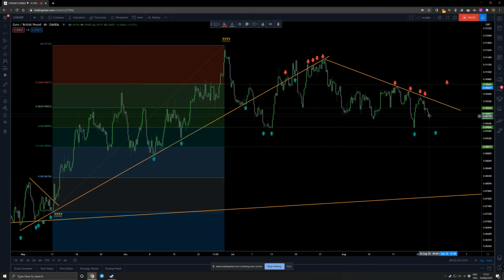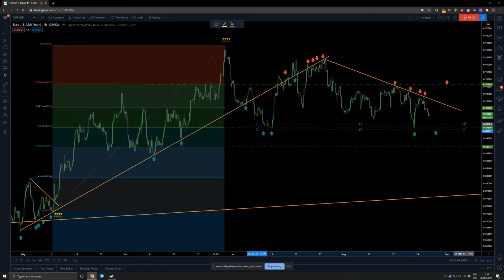For example, if I was short already, and the market comes here, I would take profit or make it risk-free. On the contrary, if you go up here, this is the place where I would at least take profit one and see what's going on.